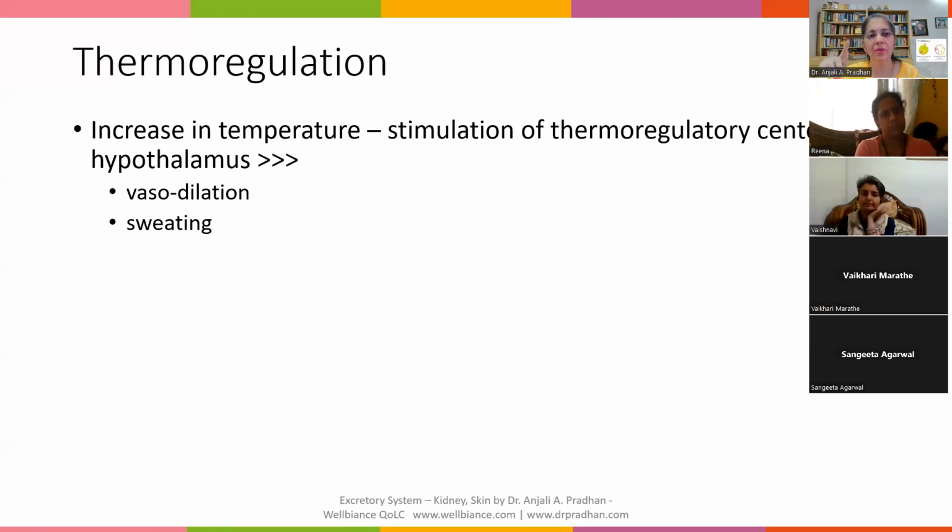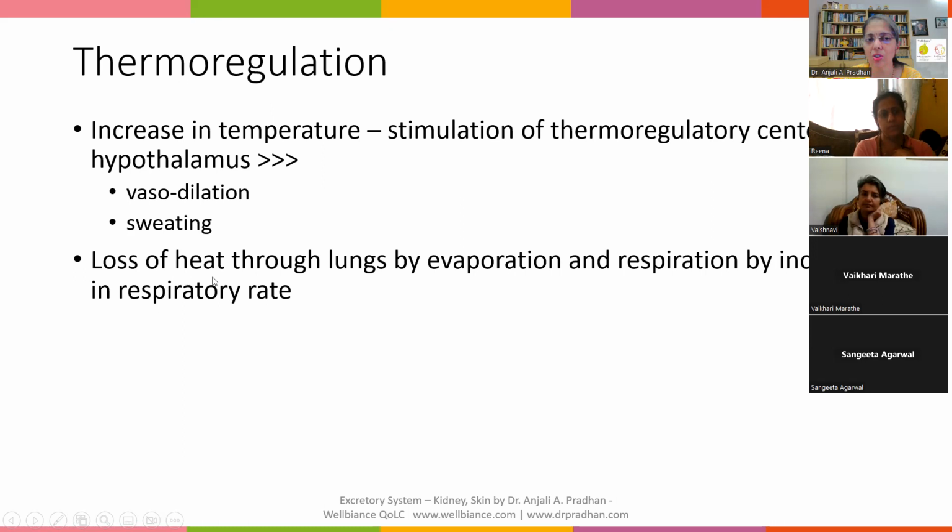Through that, it stimulates blood vessels, causing vasodilatation, and more sweat is produced. Thus, loss of heat, also loss of heat through lungs by evaporation and respiration by increase in respiratory rate. As we just saw, exhaled air contains water, and through that evaporation is taking place through exhaled air.